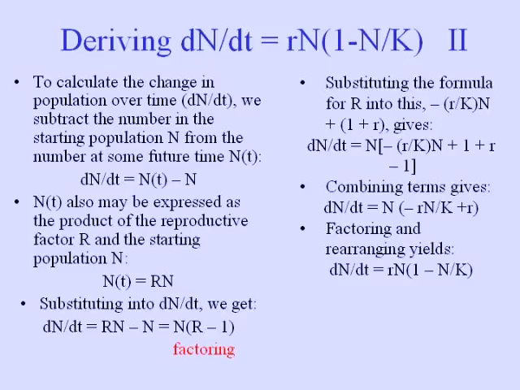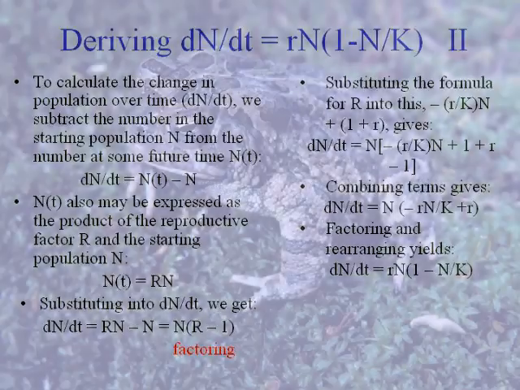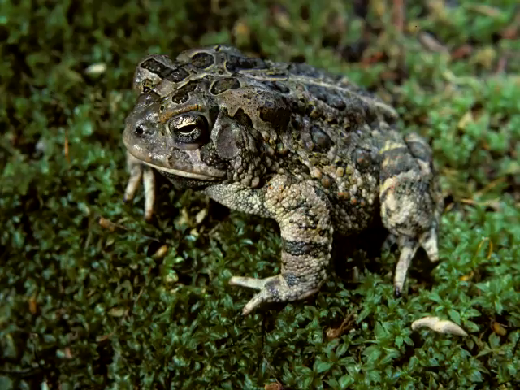Then all we have to do is some combining of terms, and we get dN over dt equals capital N times minus rN over K plus r. And then if we just rearrange and do some factoring, we come up with our logistic growth formula.